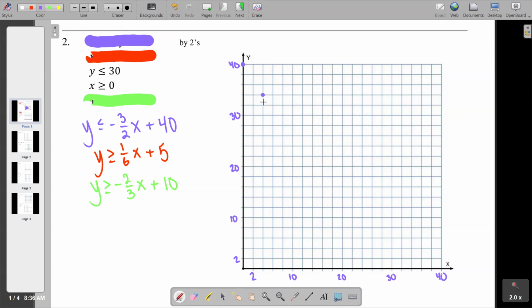But because the scales are identical, it doesn't matter. And we're going to be below that.